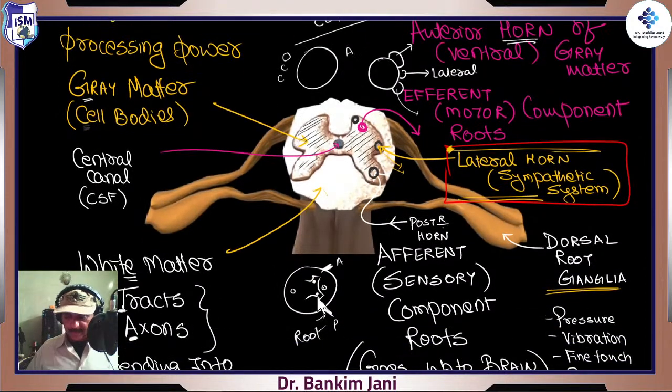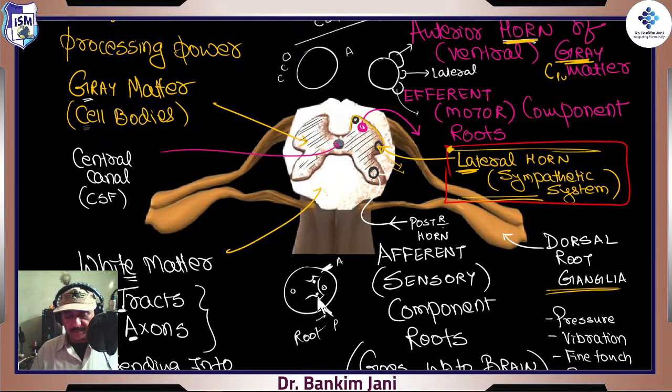So here is our anterior horn. Lateral horn, sympathetic, anterior horn. This internal part is gray matter, correct? Gray matter means it has cell bodies, which means it will be doing the processing work.